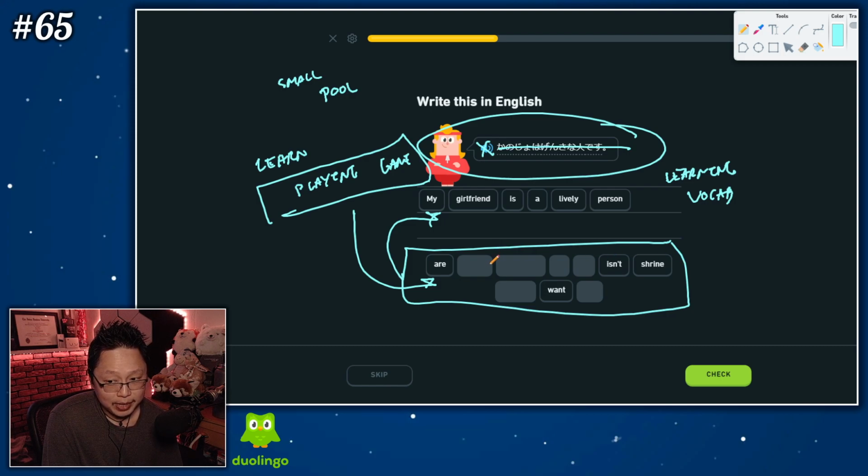Because if you learn the pattern, you replace words with them, right? Like, oh, this is a noun. I'm only looking for a noun. So whenever the new thing is, you can shuffle it and you can know all the patterns without ever learning anything. And that's the major criticism for Duolingo.